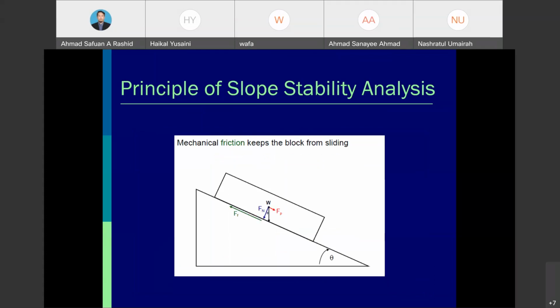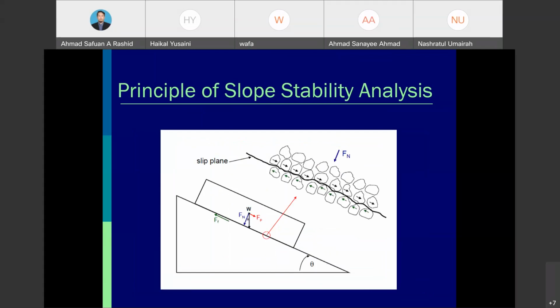Mechanical friction keeps the block from sliding. So actually the coefficient of friction comes from the internal friction angle, which is normally a strength parameter of the soil.